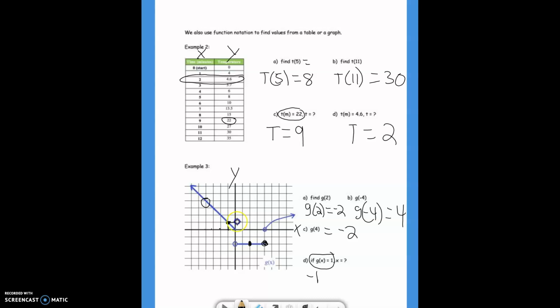However, if you want to follow this over here, right, x can also be what? Besides -1, x looks like it would be 1, 2, 3, 4, 5. Okay? So basically on this one, you have two values that it could be. Okay? So that is our lesson on how to use function notation.